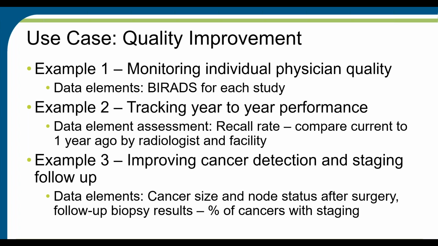Do you pick up DCIS, ductal carcinoma in situ, compared to invasive cancers? Those are all really critical things, but it requires the pathology be entered after the imaging is performed. But that's critical. What are you finding?